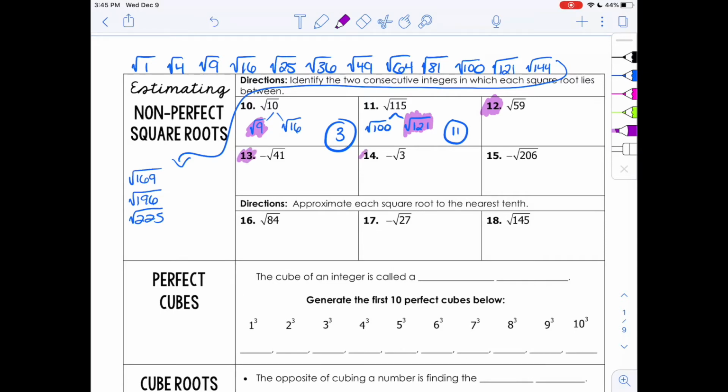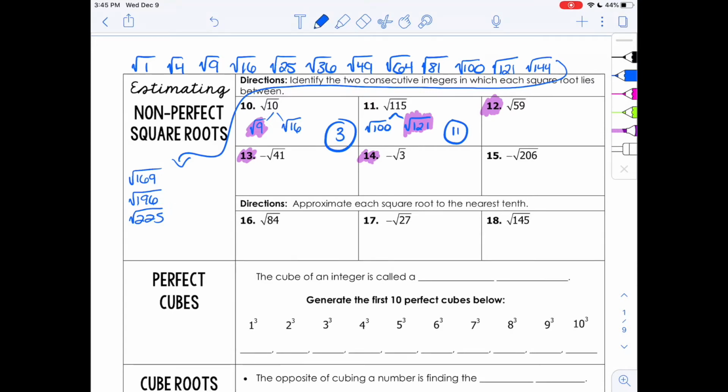13, and 14, and let's look at number 15. The difference with this one is that you have the negative on the outside, so the negative square root of 206. So you still want to find out where you would put it in line in numeric order. That would fit between 196 and 225.